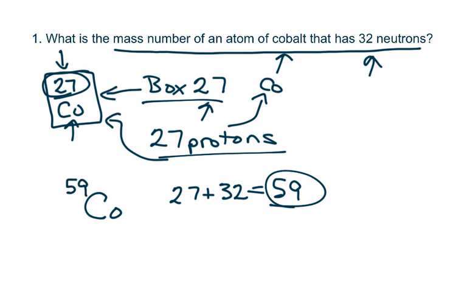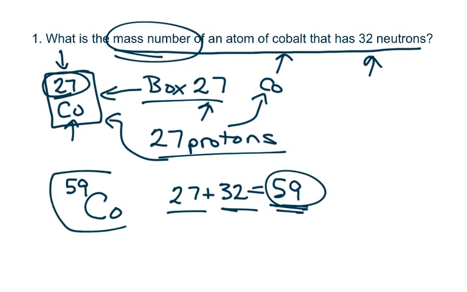It's usually written in the upper left corner of the symbol when you write it in a problem or somewhere, okay? So it asks for the mass number. So the mass number is 59. It's not 59 point anything. It is protons plus neutrons. So protons plus neutrons equals 59. That's the mass. That is number 1.